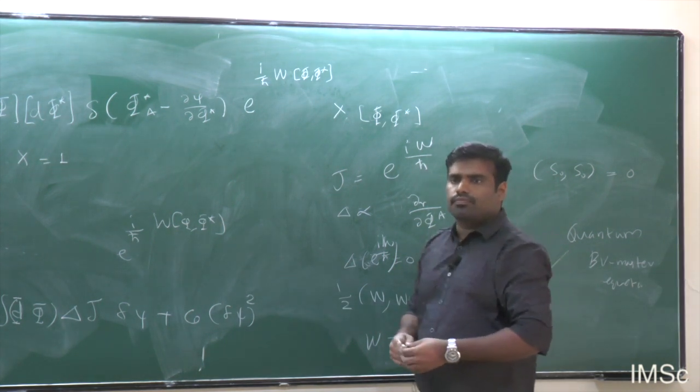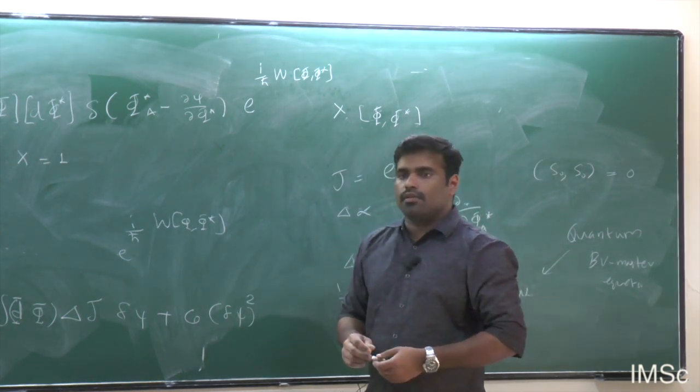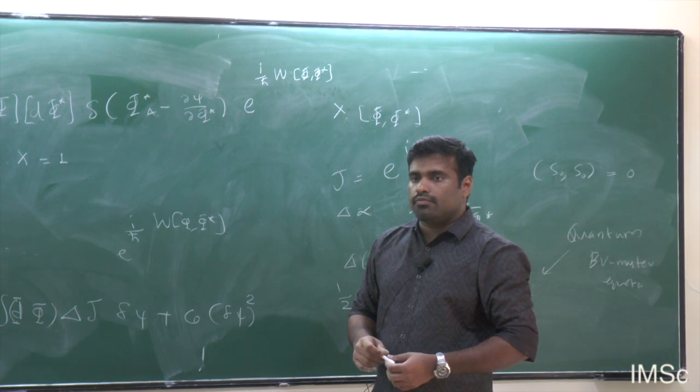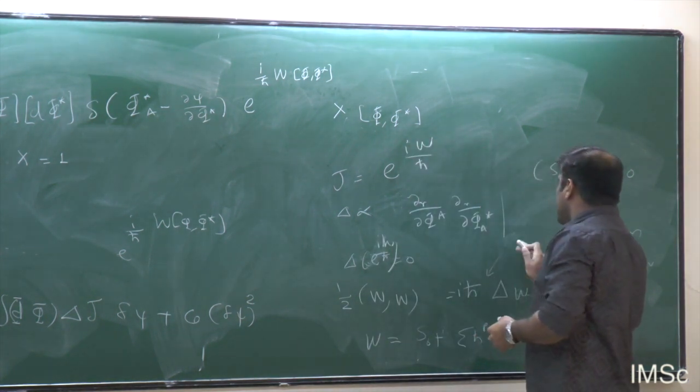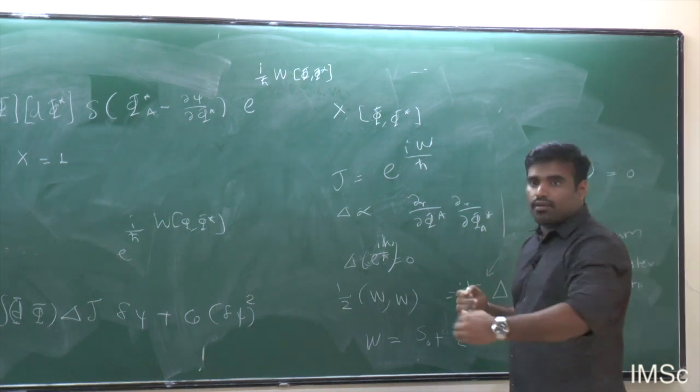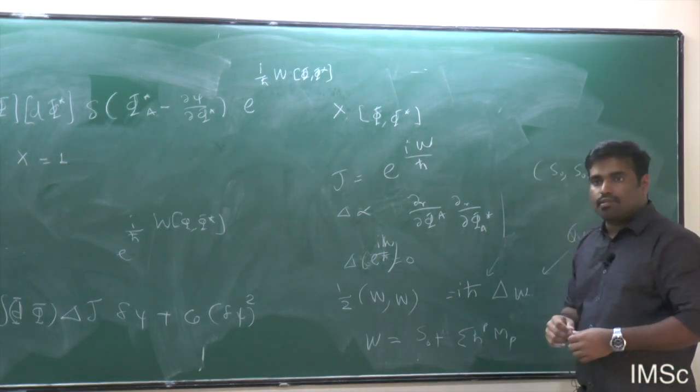Confusing, because you already integrated over phi star. Now you have the equation for W on the gauge fixing subspace.